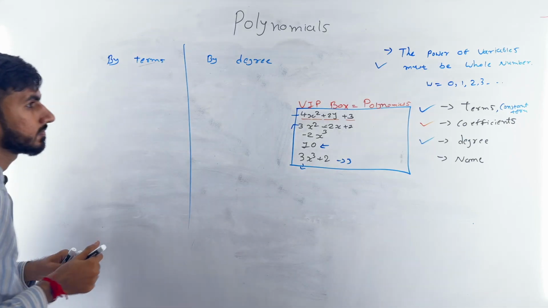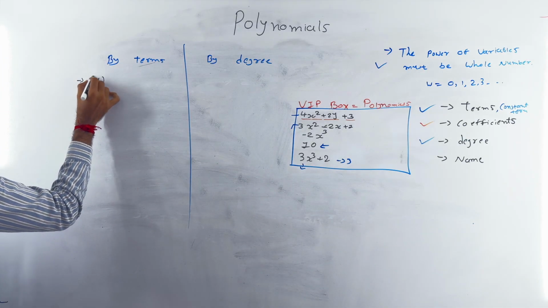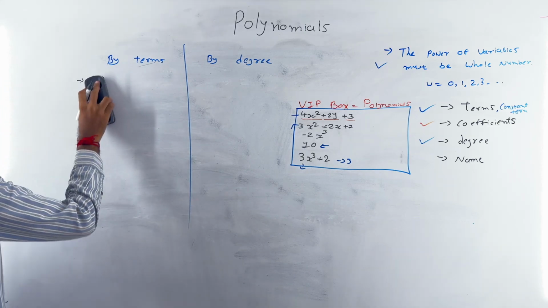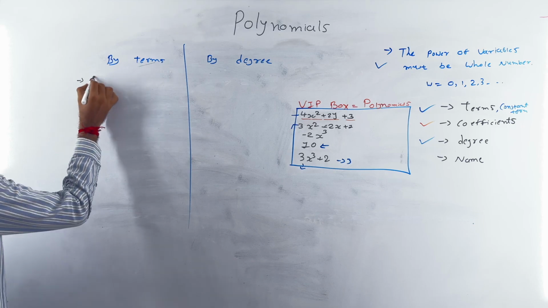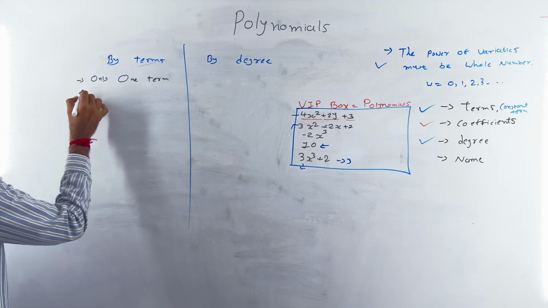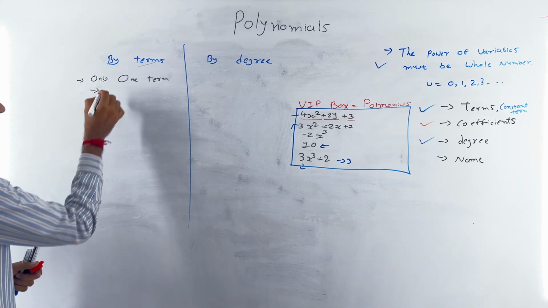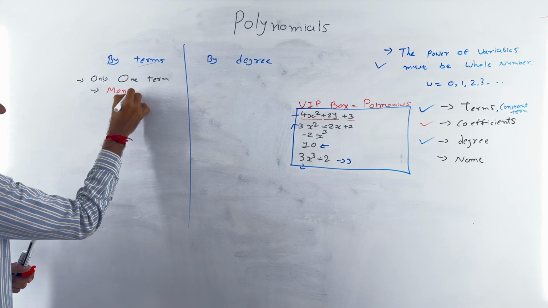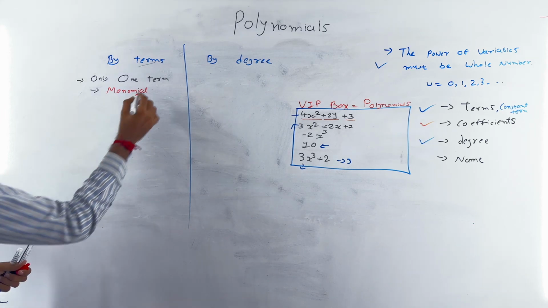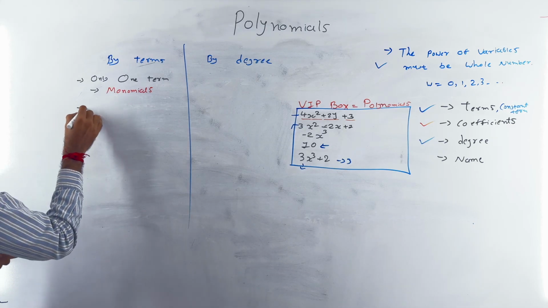By number of terms: if in any polynomial the number of terms is 1, only one term, we will name this type of polynomial as monomial. Monomials, right?